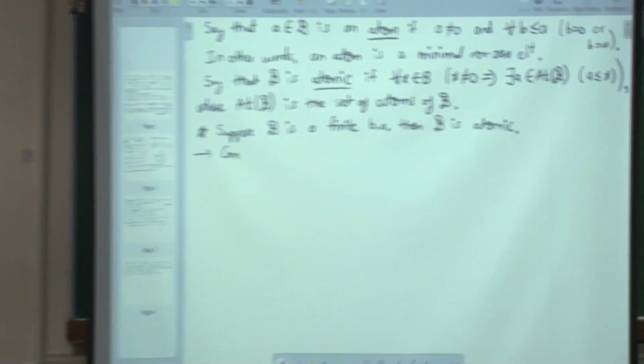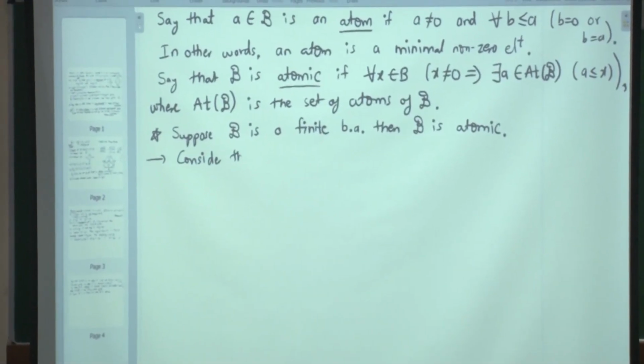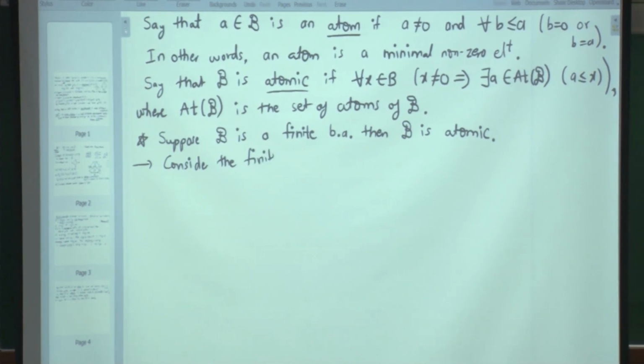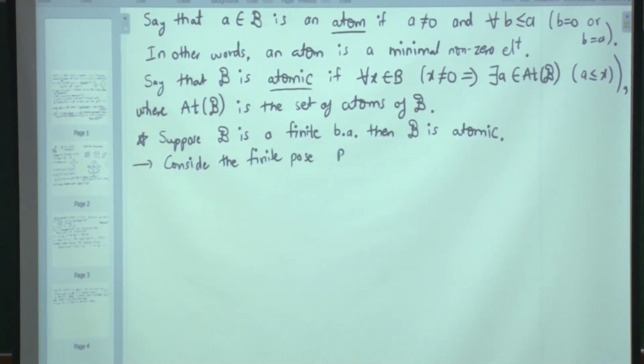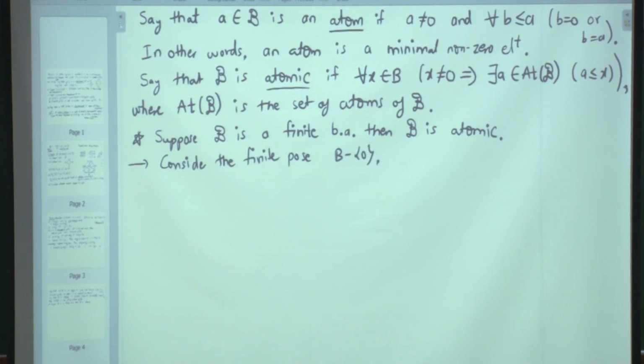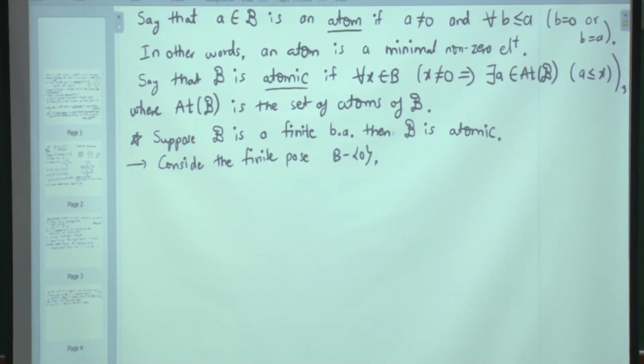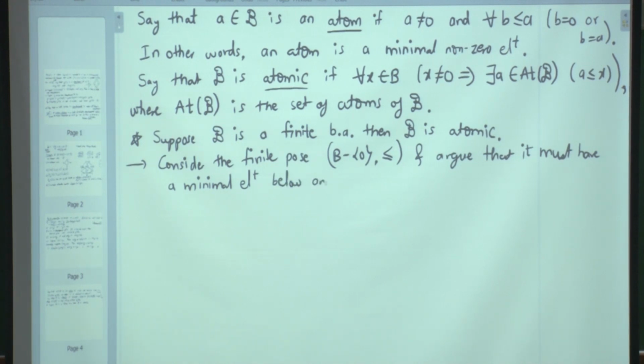Consider the finite poset B minus {0}, meaning remove the minimal element, and argue that it must have a minimal element below any element.